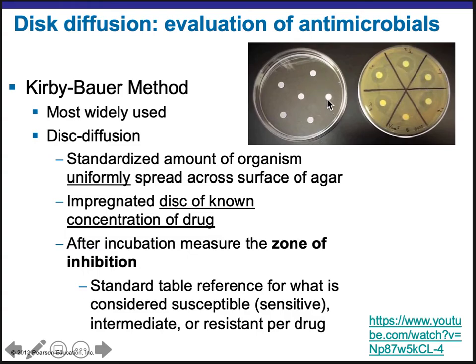The discs will be labeled with the concentration of the drug, and then you should also have literature to interpret the results. So this is the most widely used method to see for a particular type of bacteria which antibiotics would be a good choice, which ones will work.